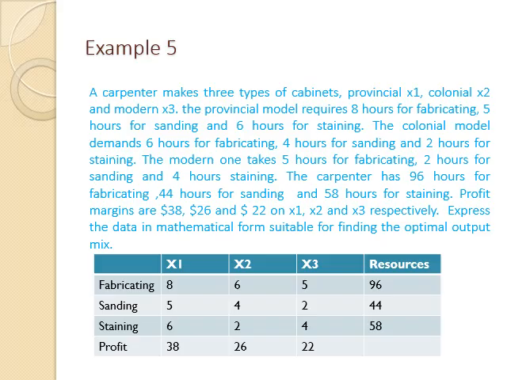For example, for fabricating, the plant has only 96. For sanding, the plant has only 44 hours, and for staining, the plant has only 58 hours. Now, according to this information, we are going to formulate the linear programming problem for example 5.